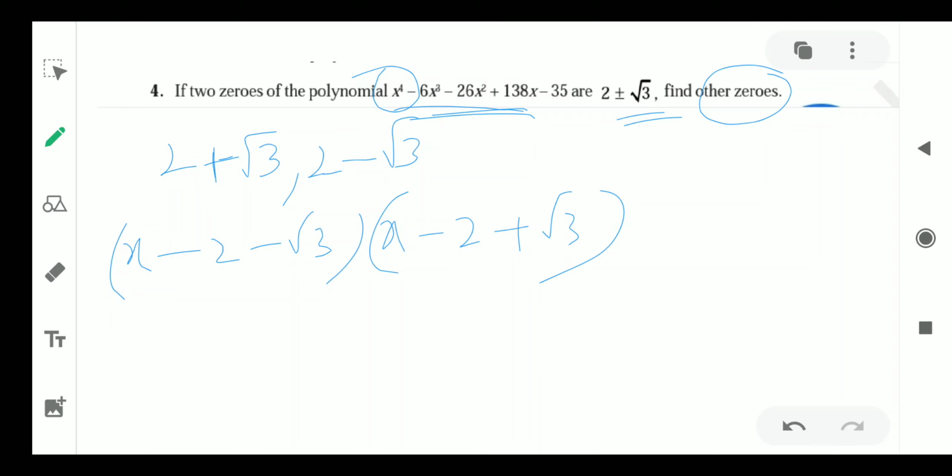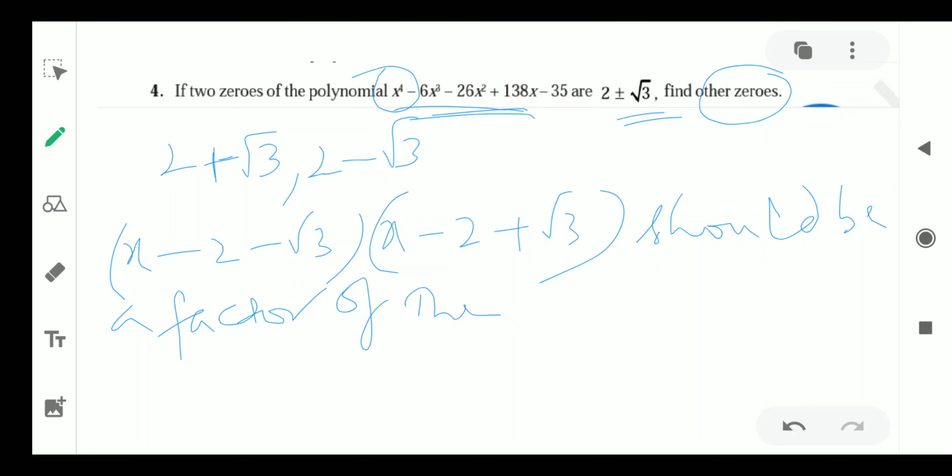And again, x minus 2 minus root 3 and x minus 2 plus root 3 also should be factors of the given polynomial, right?